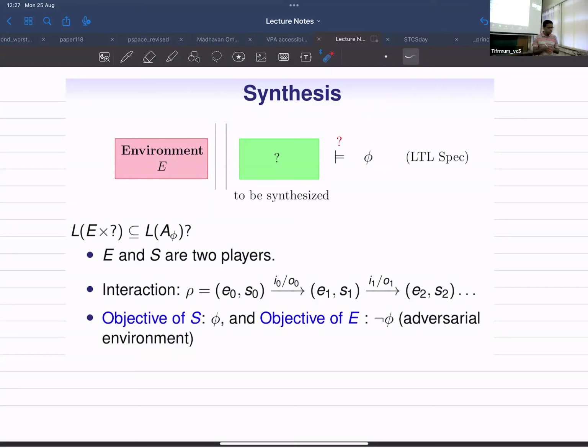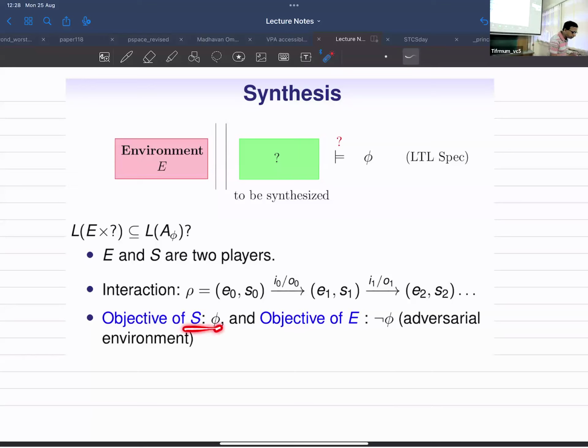So if you recall from your theory of computation course, a language which is given by a phi is nothing but a problem, or it's the language of an automaton and the language of a logical formula. You can consider the language as a problem in some sense. So this is the objective of the system.